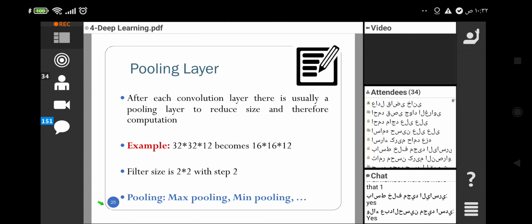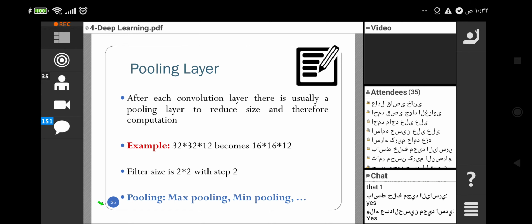After the convolution layer, pooling is a layer that wants to reduce the size of the output of the convolution. That's why we use the pooling layer.